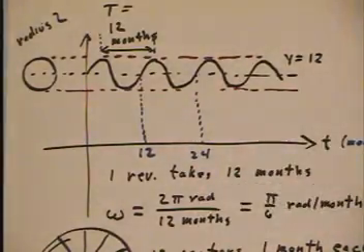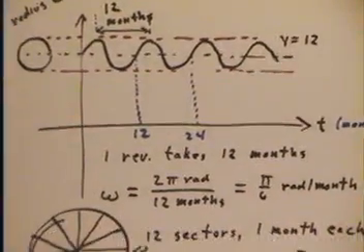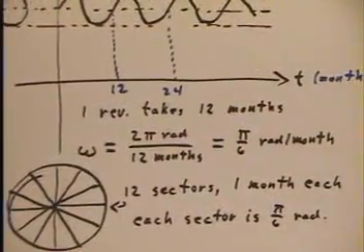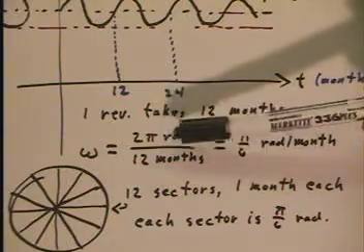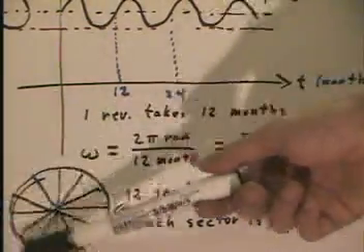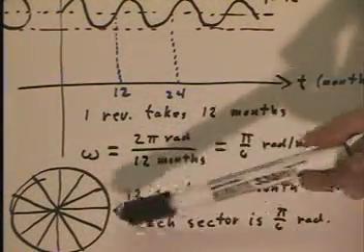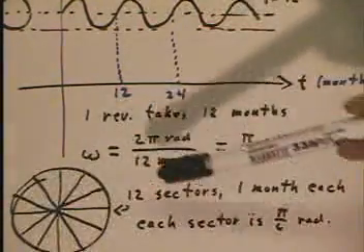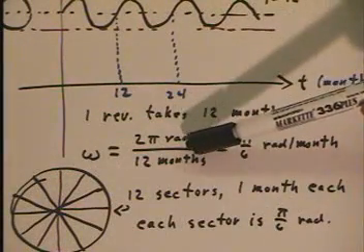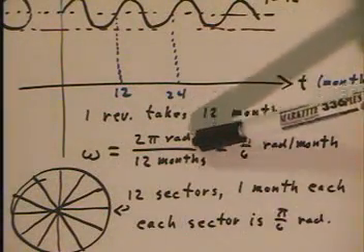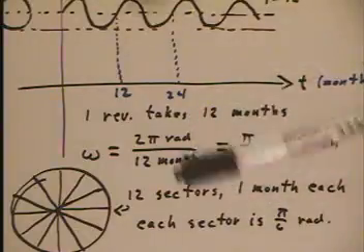What's the omega that goes with this model? Omega is going to be the 2 pi radians around the circle divided by the 12 months it takes to go around the circle. Remember that omega is the number of radians divided by the time.